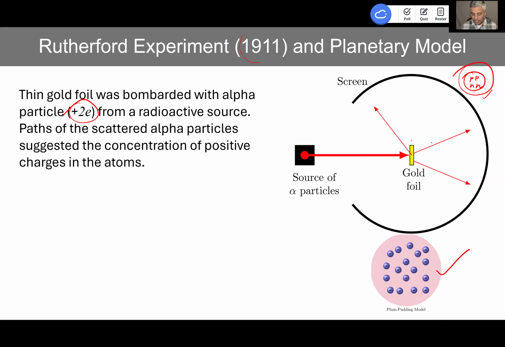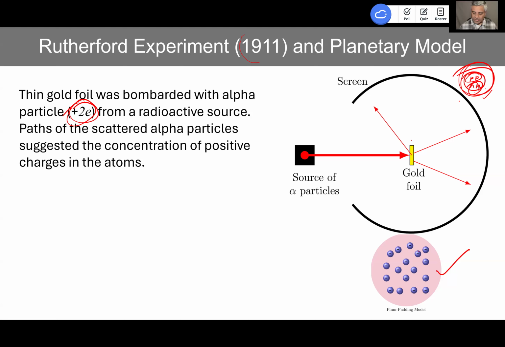Now you are like firing bullets at a paper, for example, because it's kind of heavy. It has protons and neutrons, so it is heavy. So it's like a bullet going at paper.